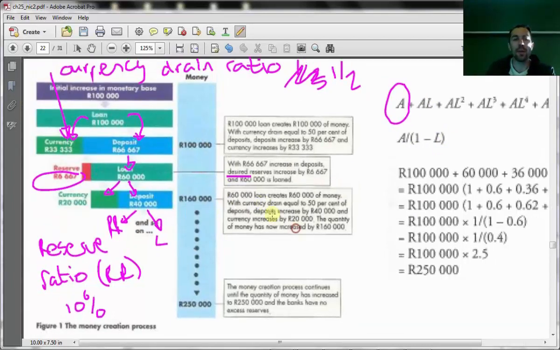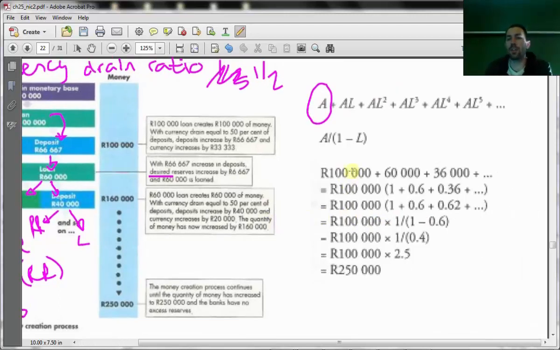So in our example, we had 100,000 and that led to a loan of 60,000. So we initially lent out 100,000. The next amount we lent out was 60,000, which means 60% of the original loan was lent out. So in terms of our geometric process, 100,000 was our first loan, which led to new deposits. Of those new deposits, we then lent out 60,000 again, which became cash plus deposits.